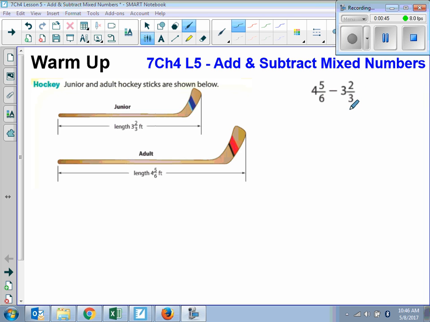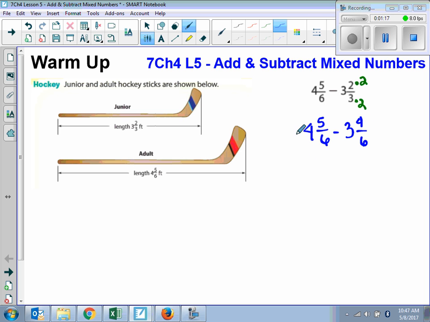The common denominator with 6 and 3 is 6, so we're going to multiply times 2 here and times 2 there. When I rewrite this, we have 4 and 5/6 minus 3 and 4/6.